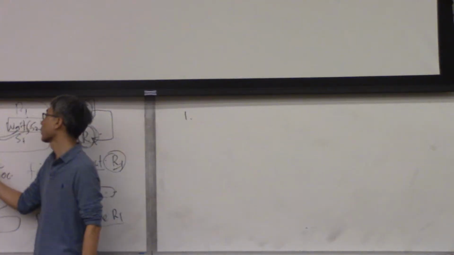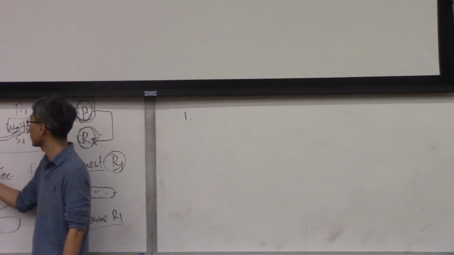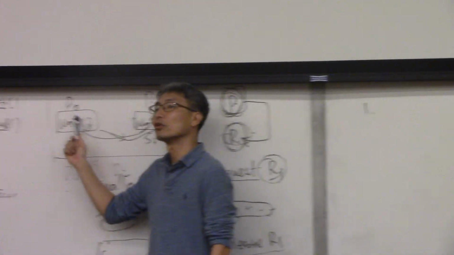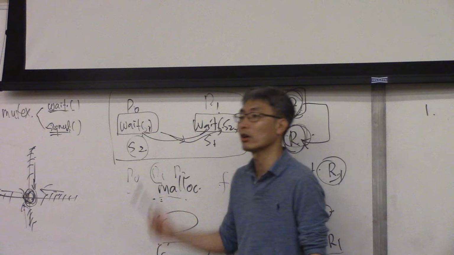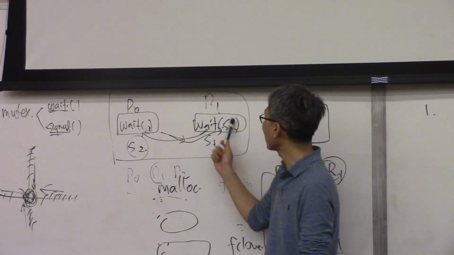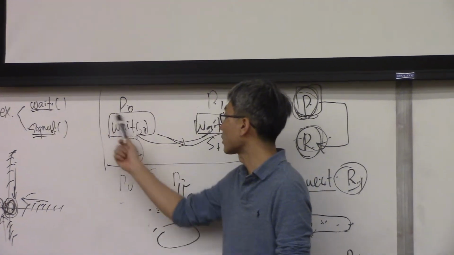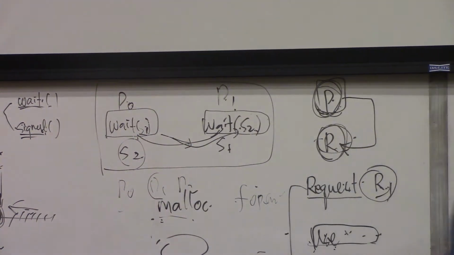You can grant the request of process 1 to access S2, even though S1 is used by process 0, because it's shared data. Similarly, if S2 is shared, you can grant it in case P0 requests this resource. So in case of shared resources, there might be no problem. There will not be any deadlock situation.